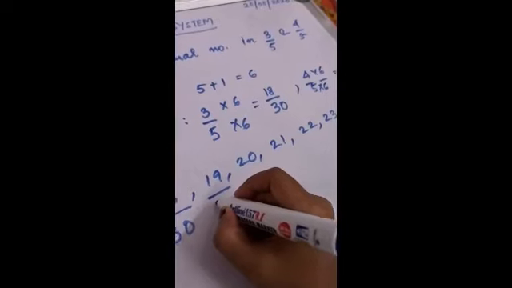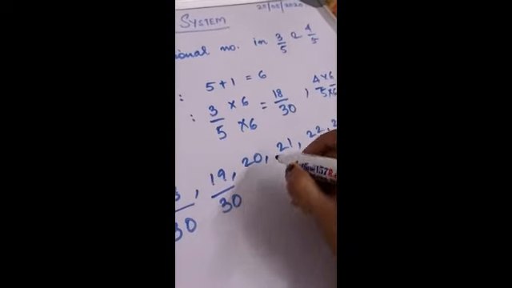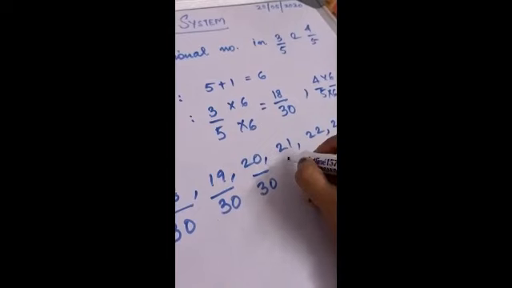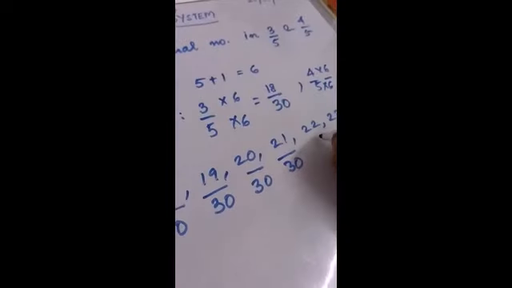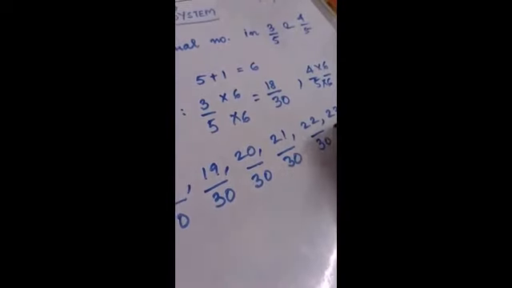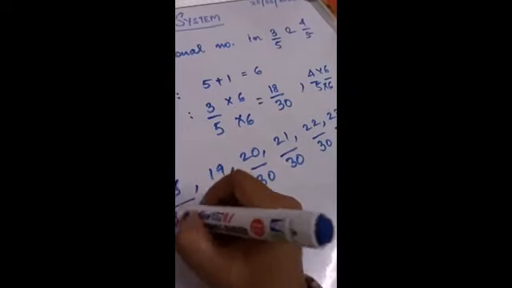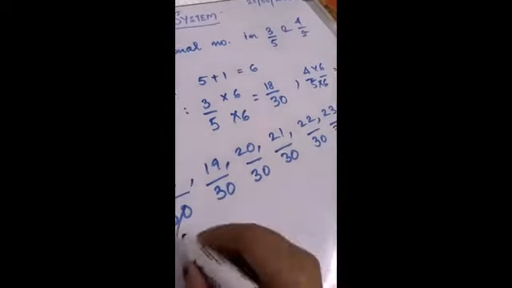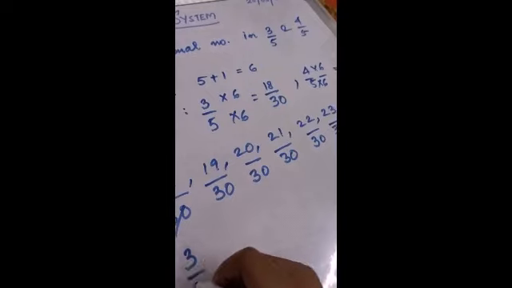So you can say, if you reduce this to lowest term again, you will get again 3 by 5.